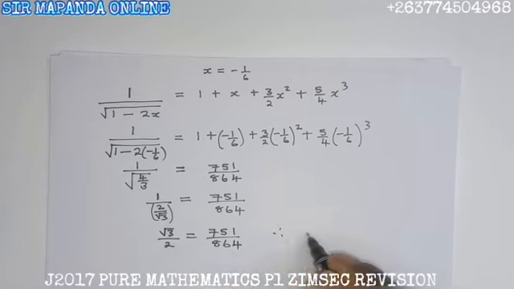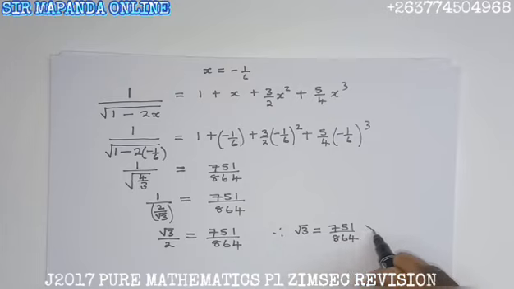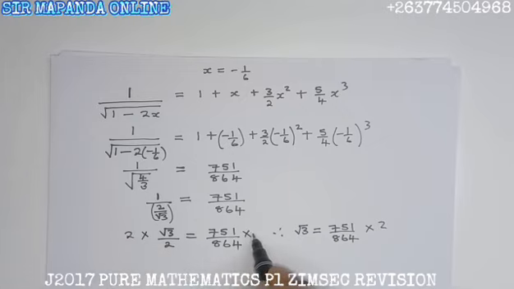Therefore, root 3 is 751 over 864 times 2. Why? Because you multiply both sides by 2 to make root 3 the subject.